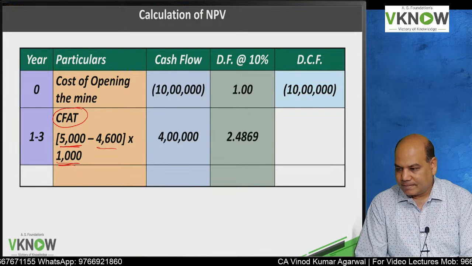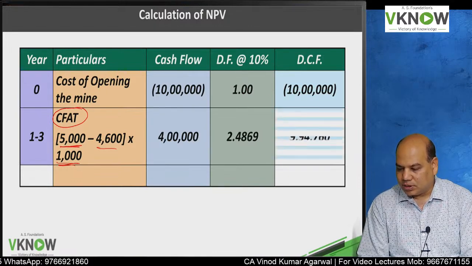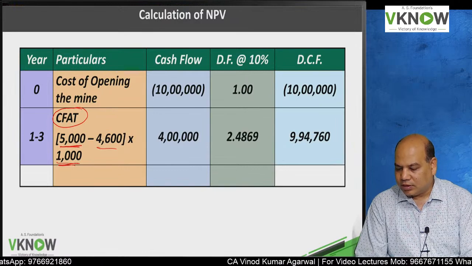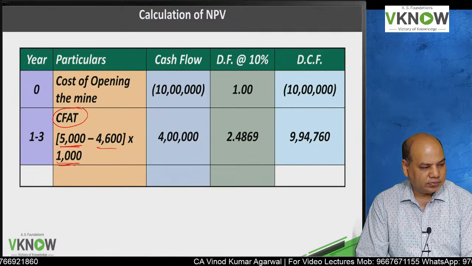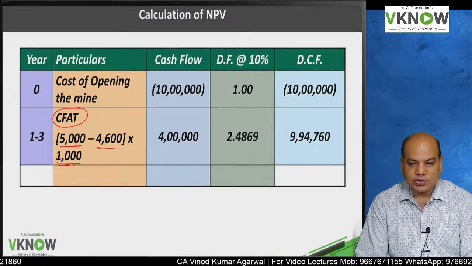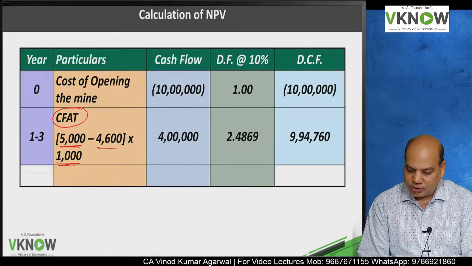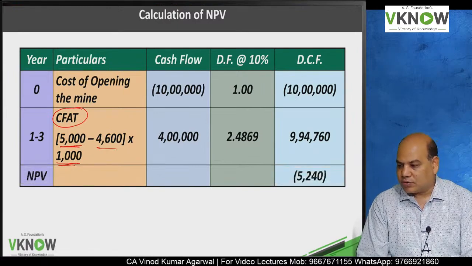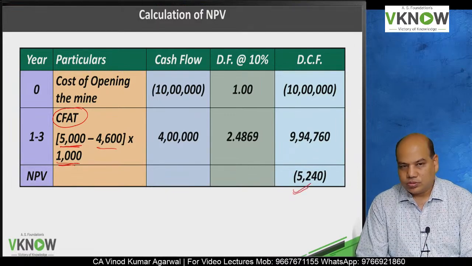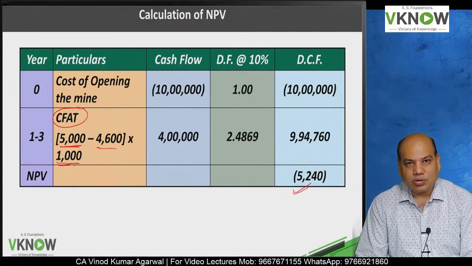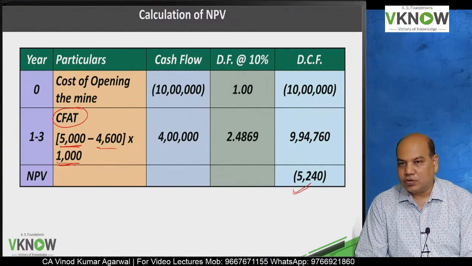Multiply 4 lakh by 2.4869, and this is 994,760. Subtract the 10 lakh, and therefore the NPV is negative 5,240. If you open the mine now, your NPV will be negative 5,240.